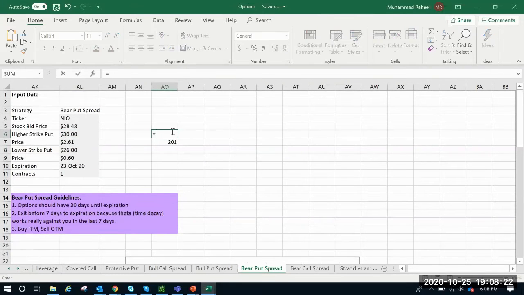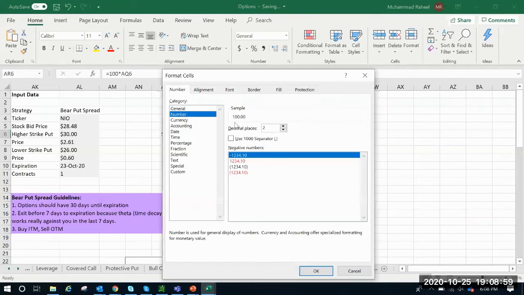If it goes to 25, you make $30 minus 25, $5, on 100 share exposure, so $500 you make. But you do owe the guy who's holding the 26 put. How much? That'll be 26 minus 25, multiplied by 100 shares, so $100 right there. In other words, you got $500, but you had to pay $100 for that.